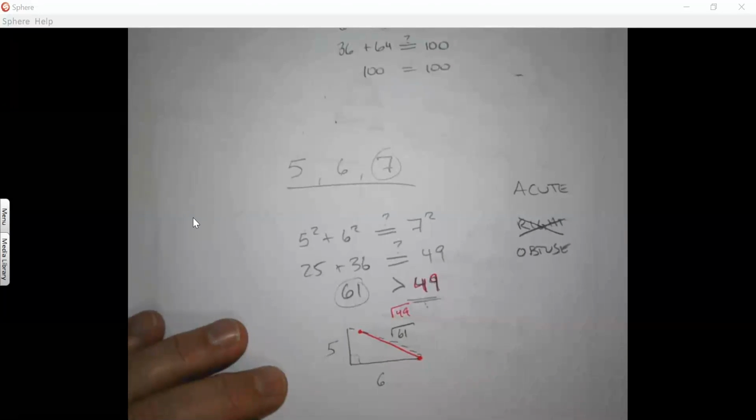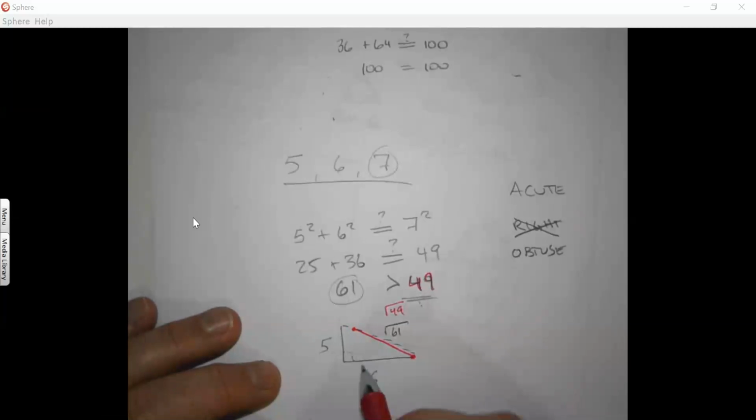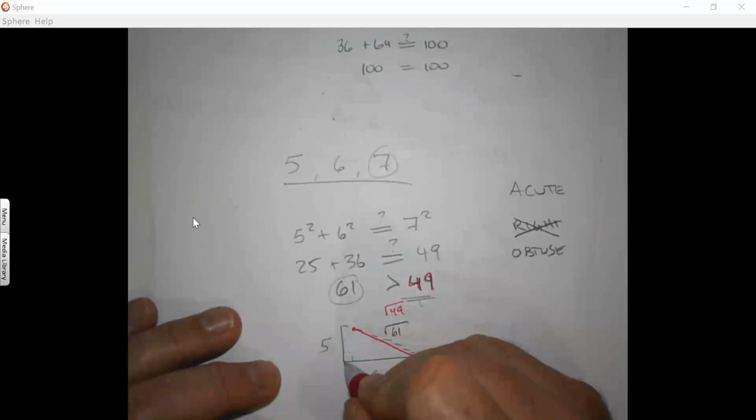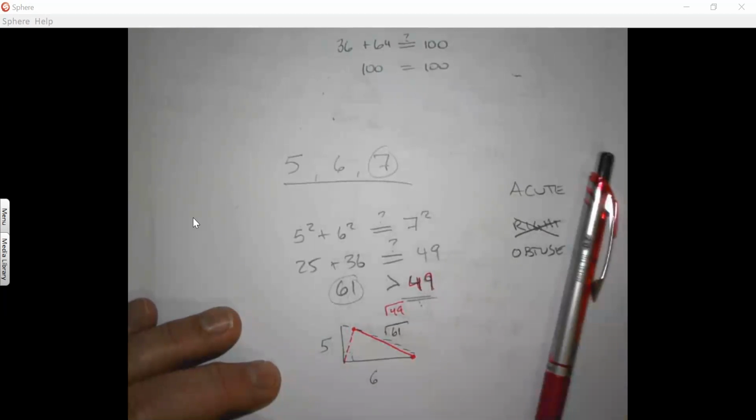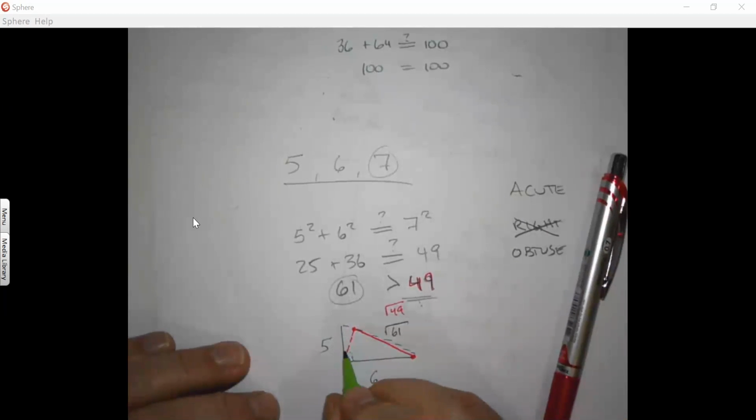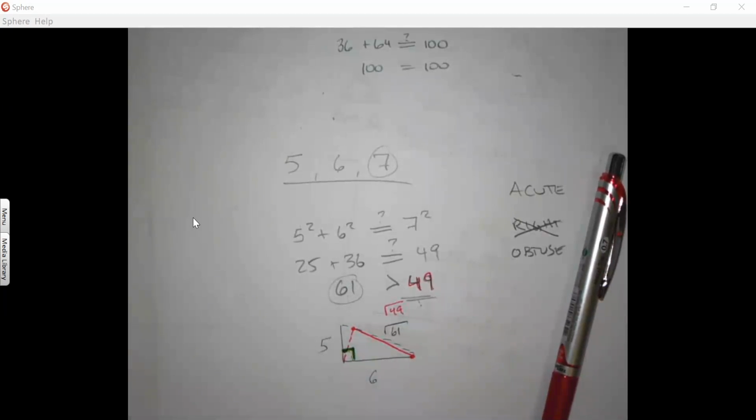It's not quite as long as it's supposed to be, which means when I take my 6 and this hypotenuse, my 5 is going to have to tilt in a little bit to meet this, won't it? So instead of it having this nice right angle here that it used to have, I've just cut into that right angle a little bit, haven't I?